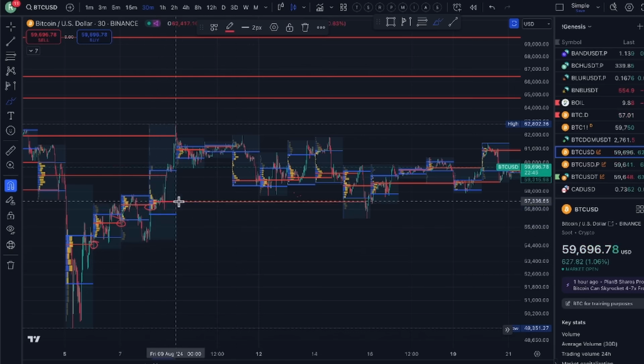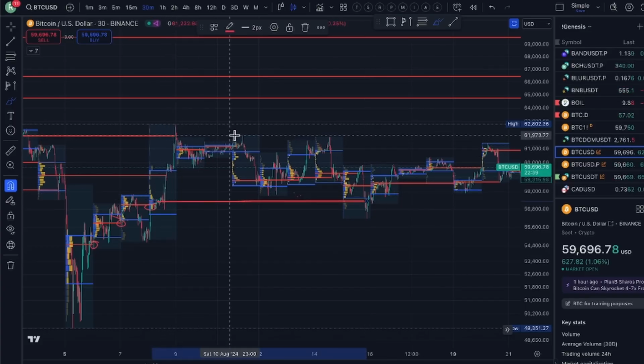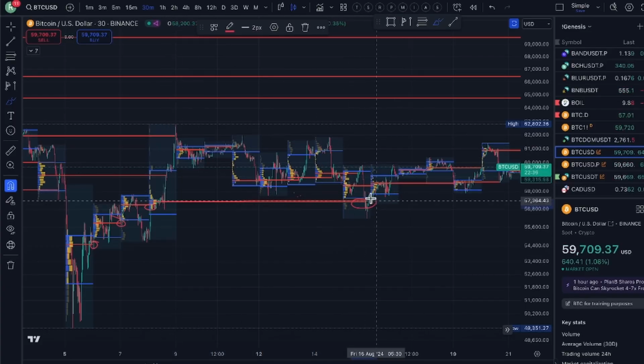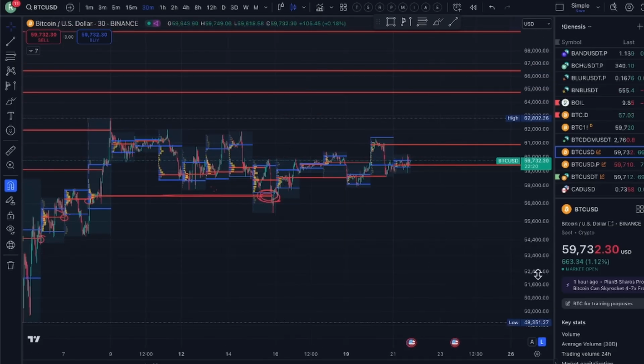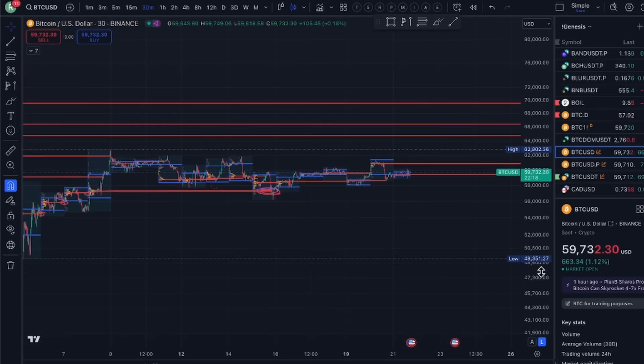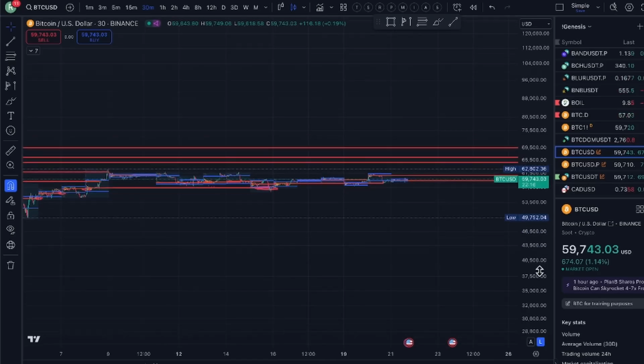And we created this naked point of control that lasted all the way into the 15th of August. And obviously, then price came back to it, the same way as the traveler or pilgrim would come to tap his water supplies. Does it mean that from there onwards price necessarily has to go up? No.